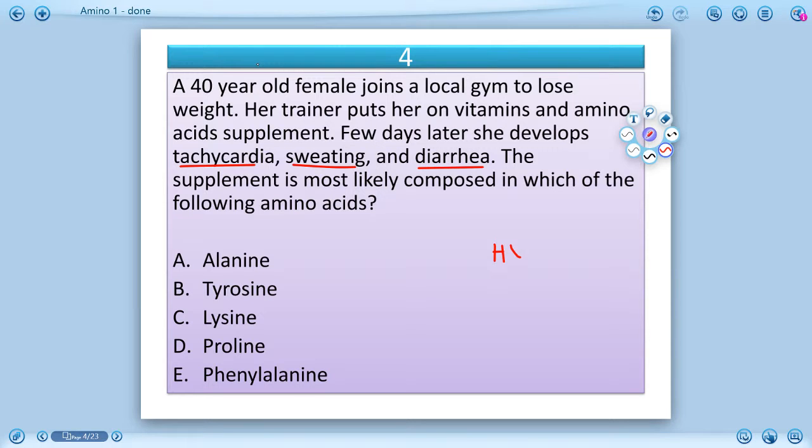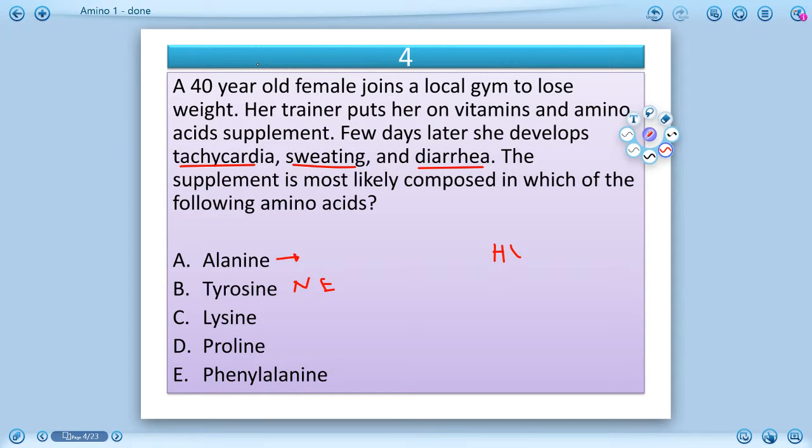This is usually related to thyroid hormone, so whatever is the source of thyroid hormone. Alanine is for glucose generation. Tyrosine is for norepinephrine and epinephrine, both of which will cause tachycardia, sweating, and diarrhea regardless.